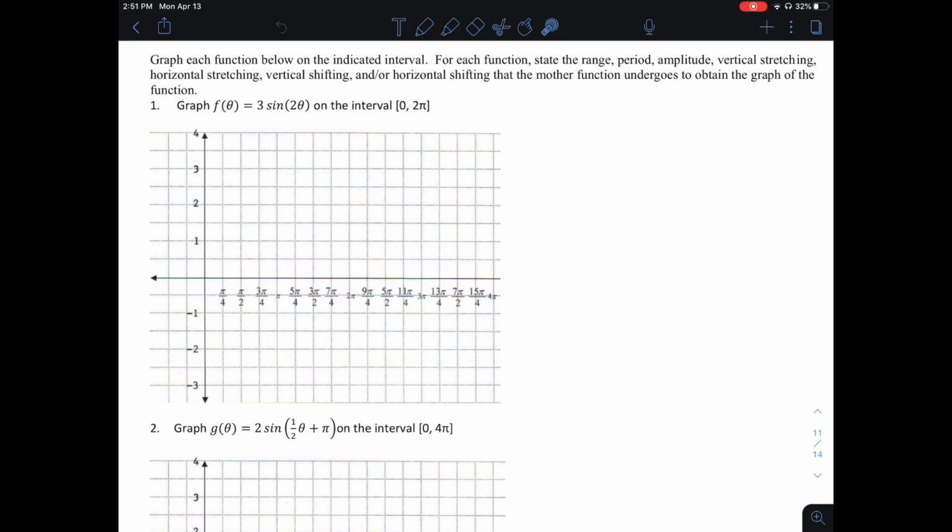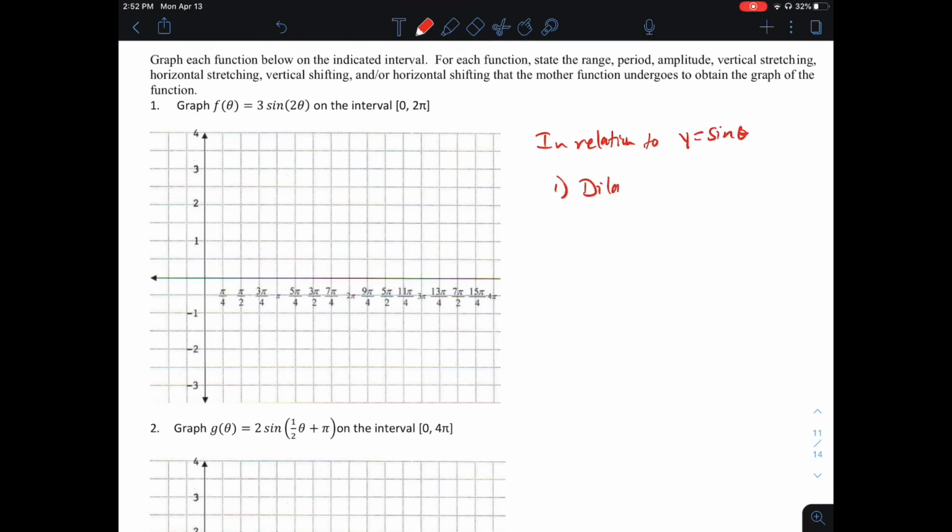So going back to earlier in this year, how does this 3 affect the graph? Us multiplying by this 3 is going to dilate the parent graph. So this is all in relation to the parent graph y equals sine of theta.